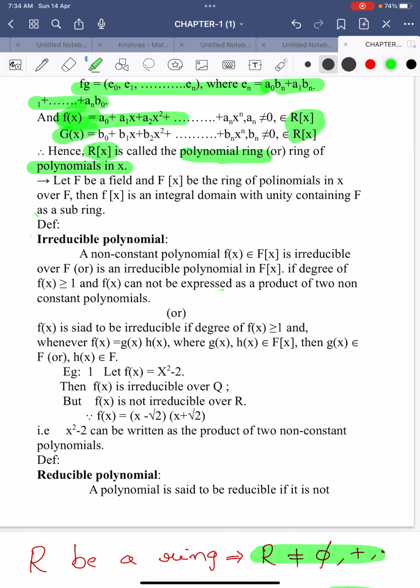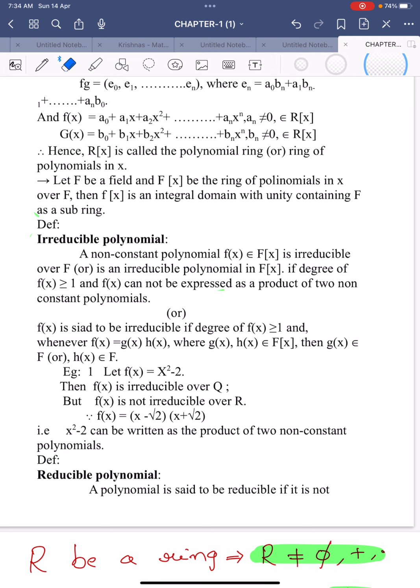Now let us see the next point. Let capital F be a field and F of x be the ring of polynomials in capital X over capital F. Then this capital F of x is an integral domain with unity containing capital F as a subring.